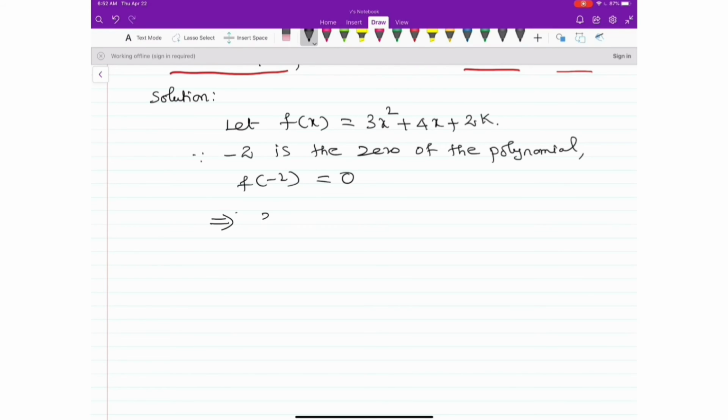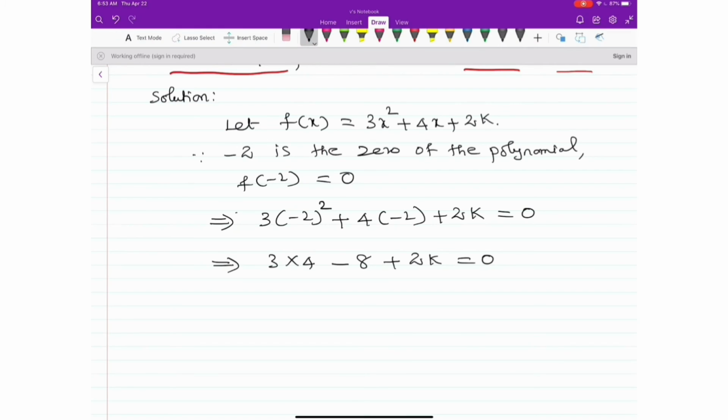So, you will be getting 3 into minus 2 the whole square plus 4 into minus 2 plus 2k equal to 0. That is 3 into 4 minus 8 plus 2k equal to 0. This implies 12 minus 8 plus 2k equal to 0. This will give you 4 plus 2k equal to 0.